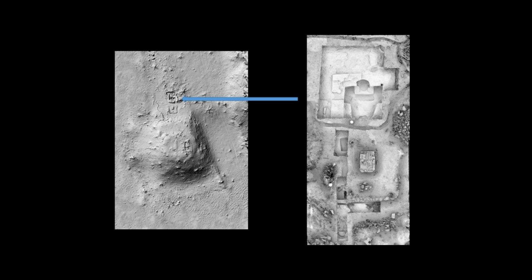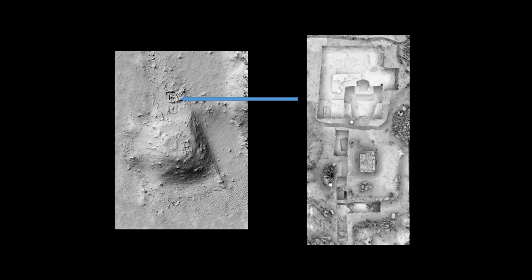For example, we can see here on the left side Structure 82. This structure is probably cut by the main road leading to the southern part of the city.